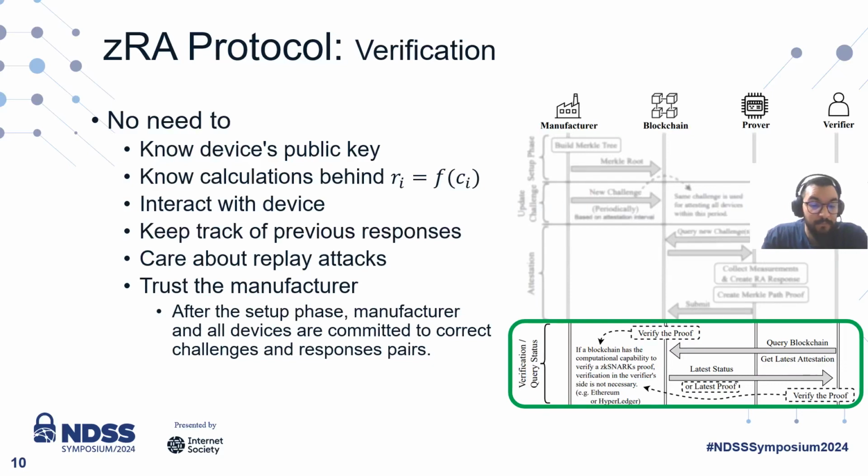And the verifier doesn't need to know the logic behind achieving the correct response from the challenge, or care about any tracking, for example, managing previous responses of the device, or have any knowledge at all about the device.